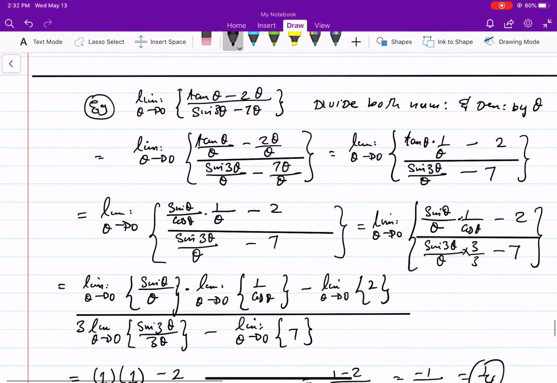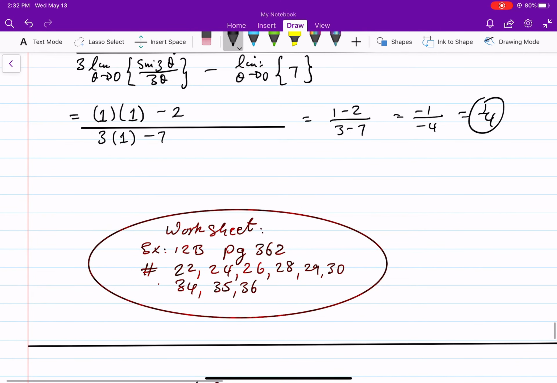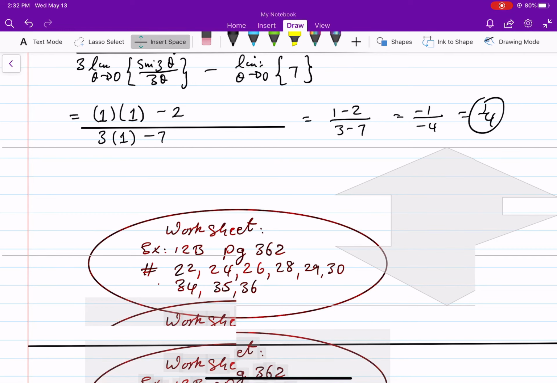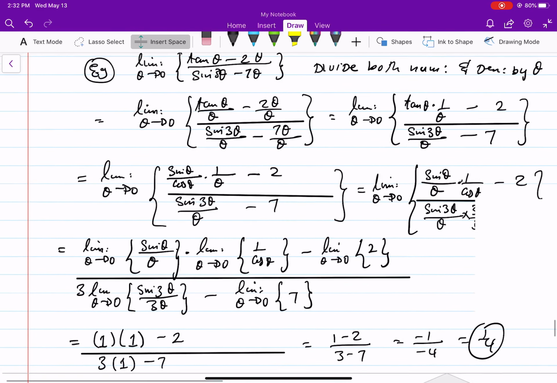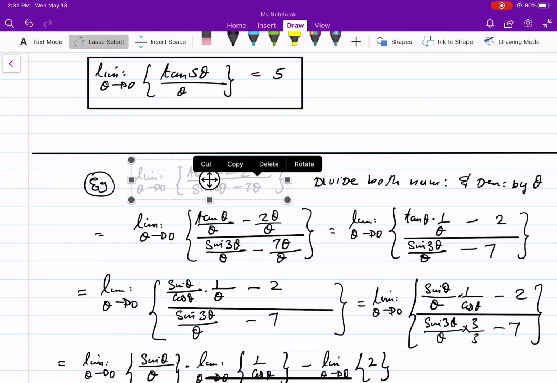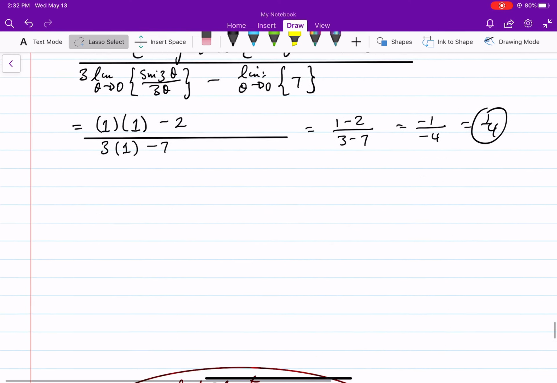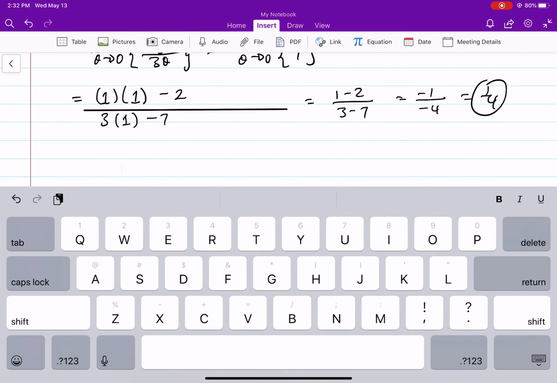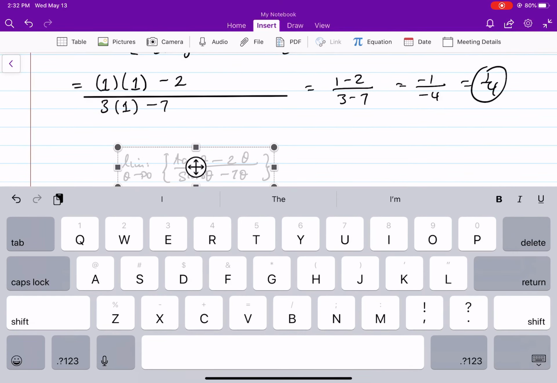At the end of all that good work, what do I end up with? Let me summarize. Give myself a little space. And I'll actually copy this. Voila. Paste that limit.